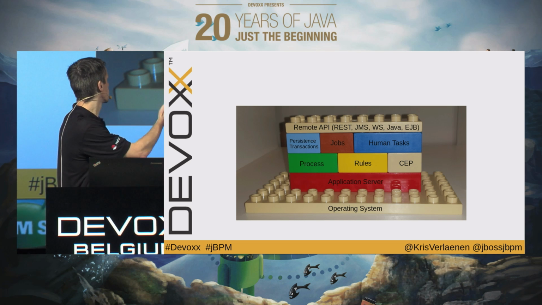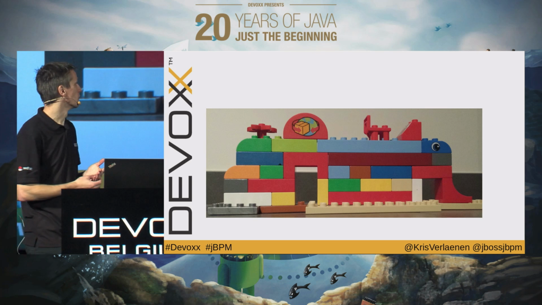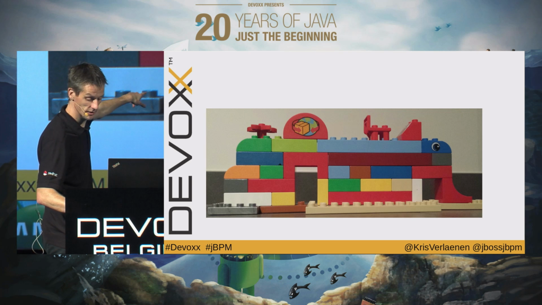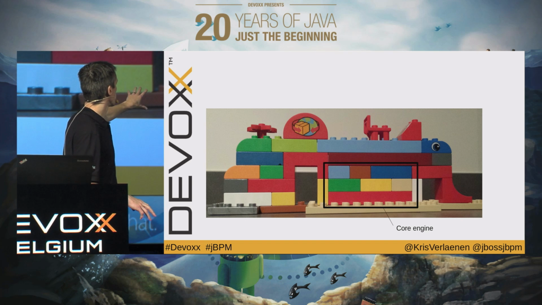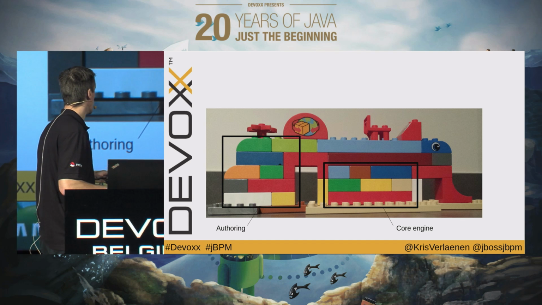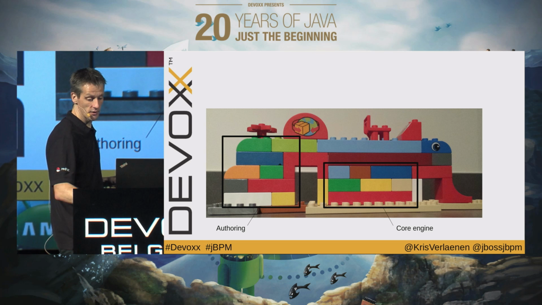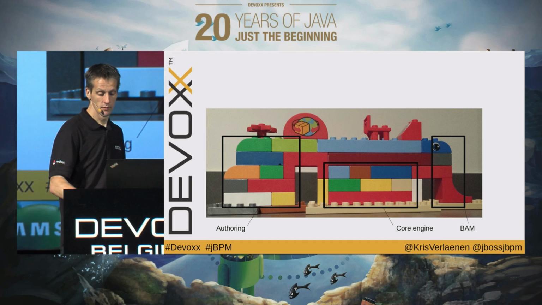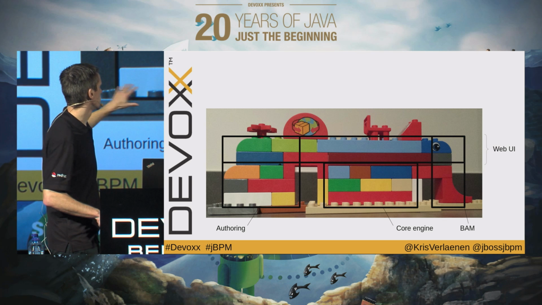Now this is almost like the minimal set of building blocks that you can use out of the box, but you can go much more complex. And if you look closely, this combination of blocks is actually this block here. So you could say, well, this is the process engine for execution of my processes, but I actually want to use more. I want to use a web authoring tool to define these processes, and I want to use the BAM capabilities that we have as well, and then a web-based management console, which I'll demo in a second, that actually combines all of this.